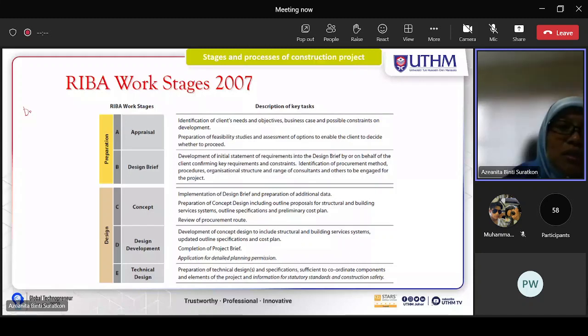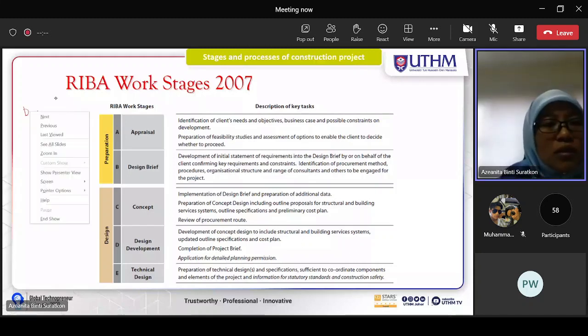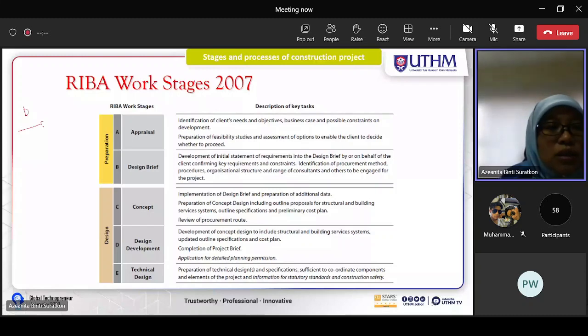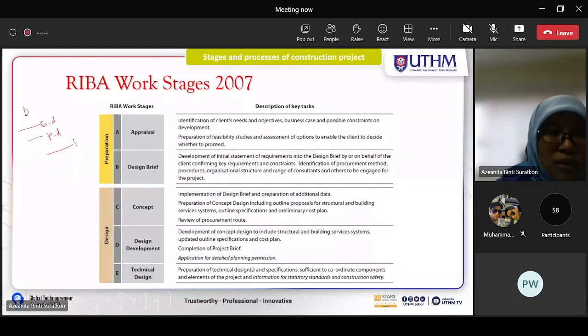This is the design stage. This is construction. For example, this is design for earthwork, and then pavement design, and then road furniture design. So this is the design stage up here. For construction, once the design here is complete, the construction can start.